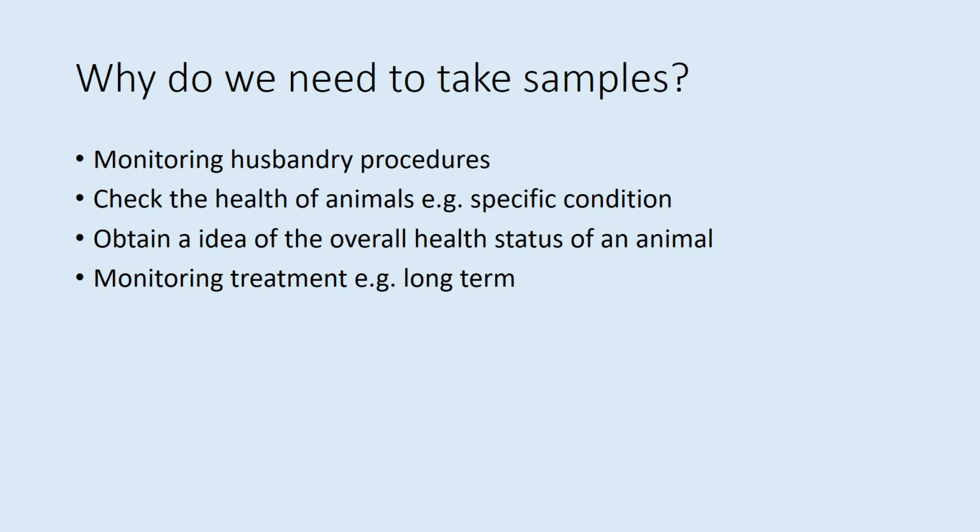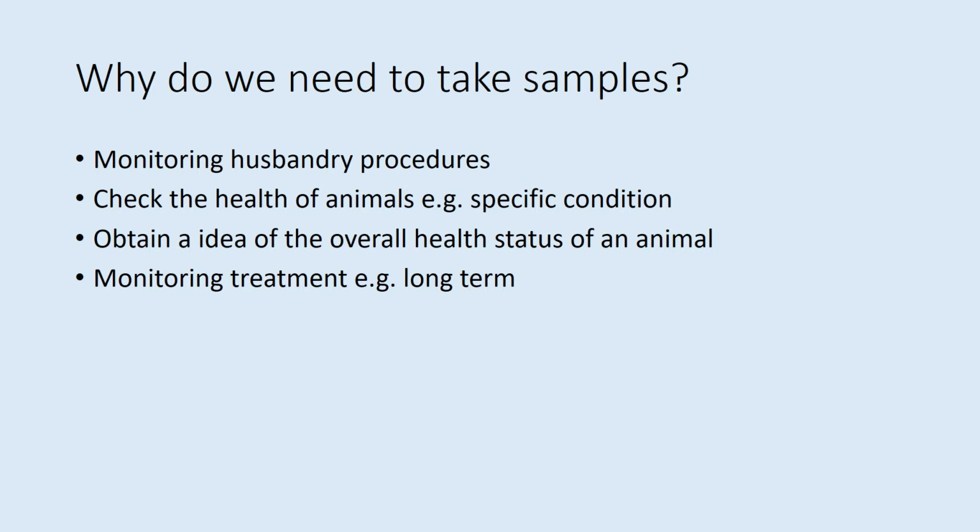Where we have an animal that is undergoing long-term treatment of a chronic condition, we also need to make sure that we're taking regular diagnostic tests in order to make sure that the treatment isn't causing any serious side effects. So it might be that every 6 months or so. Again, this will vary depending on the practice and on the condition.